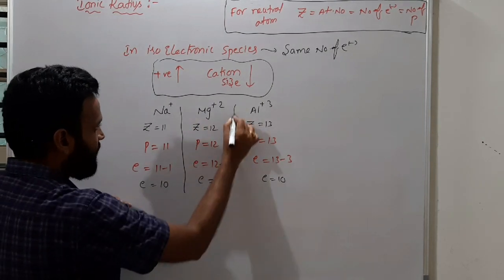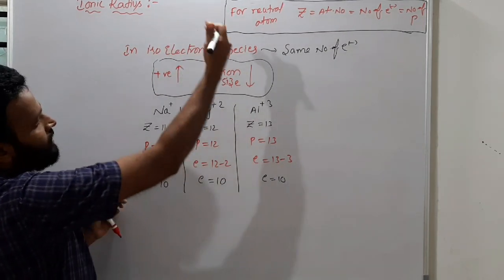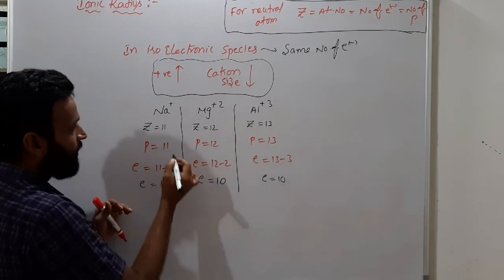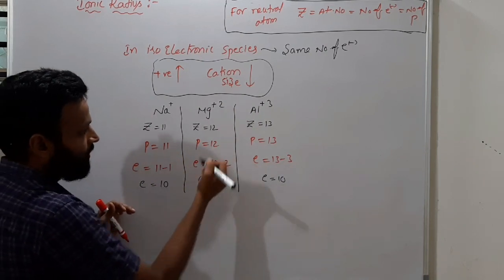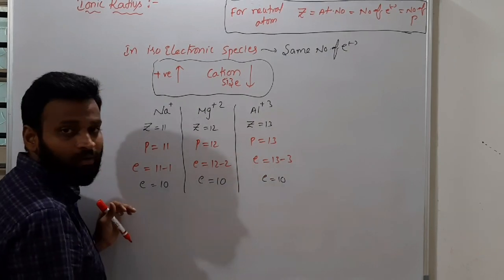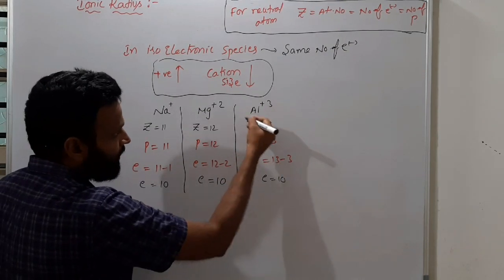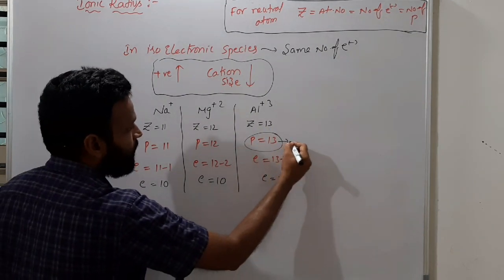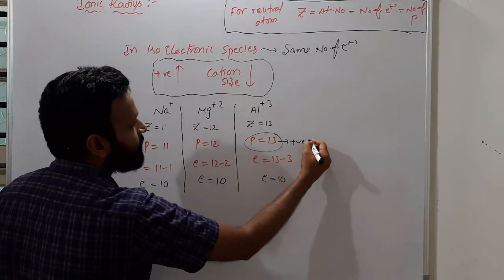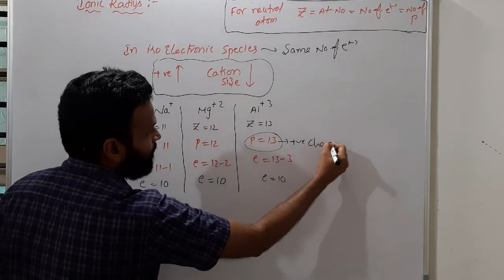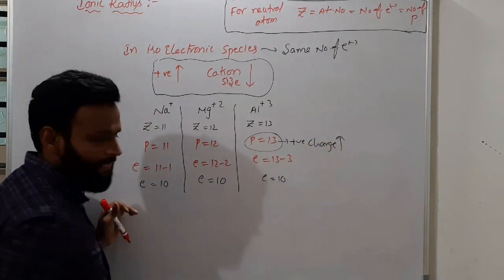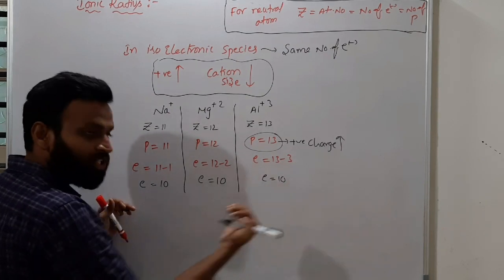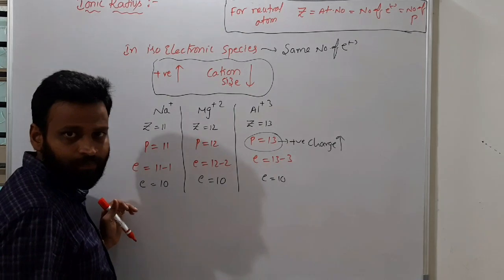So what I am trying to tell you here is positive charge increases, cation size decreases. Why? See, electrons are the same, but here you have 11 protons, here 12 protons, here 13 protons. Certainly Al3+ has the smaller radius because protons are more. That means positive charge is more, so certainly the attraction towards the nucleus is more.